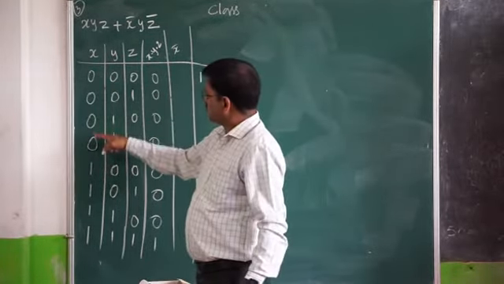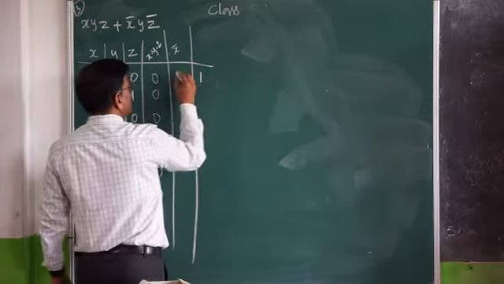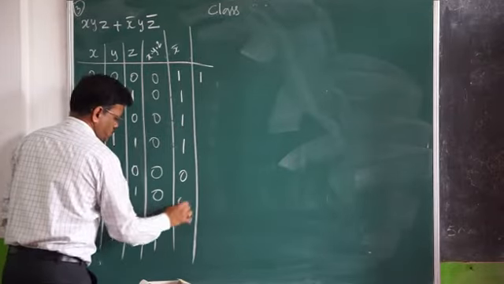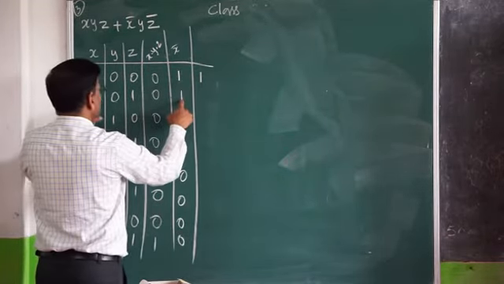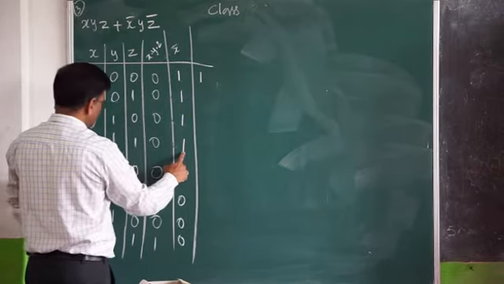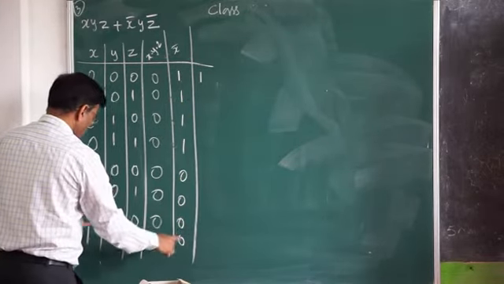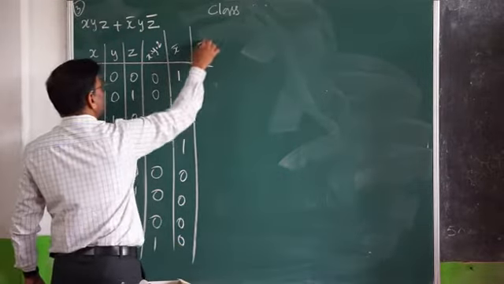There are 4 zeros and 4 ones, so x complement is 4 ones, 4 zeros. Did you not understand? Zero's complement is 1. One's complement is 0. Now let's find out z complement.